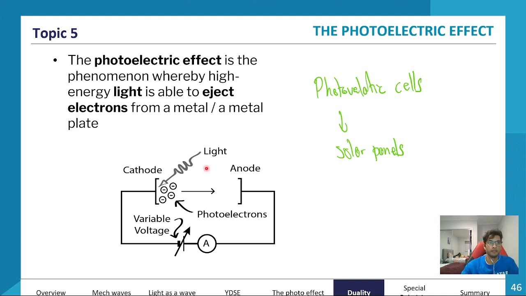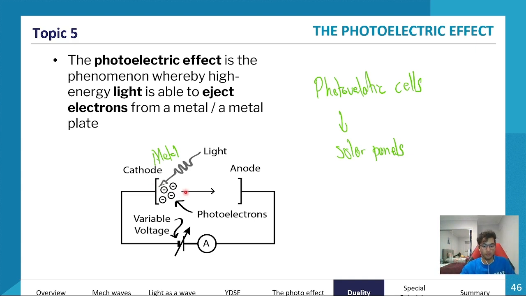So we have some light, and over here there is some metal. First of all, we have the circuit, and this circuit's been cut up in the middle, and in the middle we have some sort of vacuum. It's called a cathode ray tube.